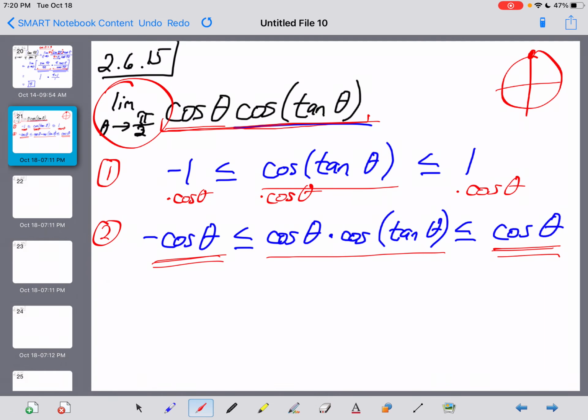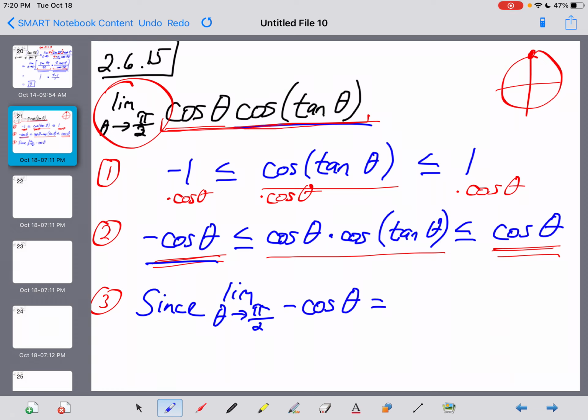So now I'll go to step 3, and I just need to write out my answer. I'm going to say since, or because, that would be fine too, the limit as theta approaches pi over 2 of our lower limiting function, the opposite of cosine of theta, is equal to also the limit as theta approaches pi over 2 of your upper limiting function here, cosine of theta, and now's the time when we say what those limits are.